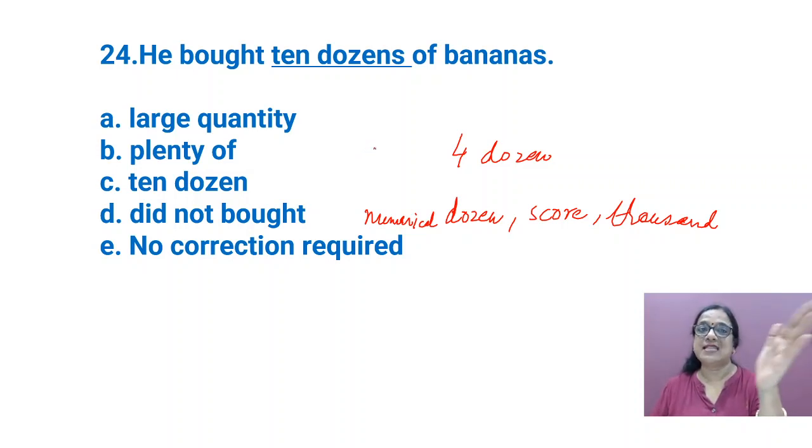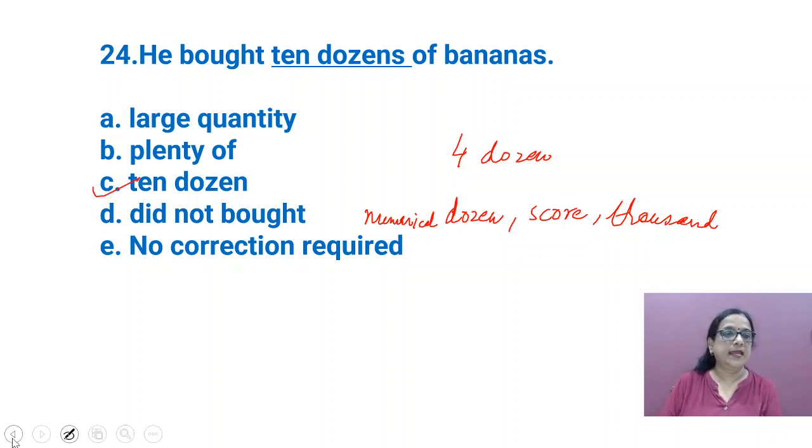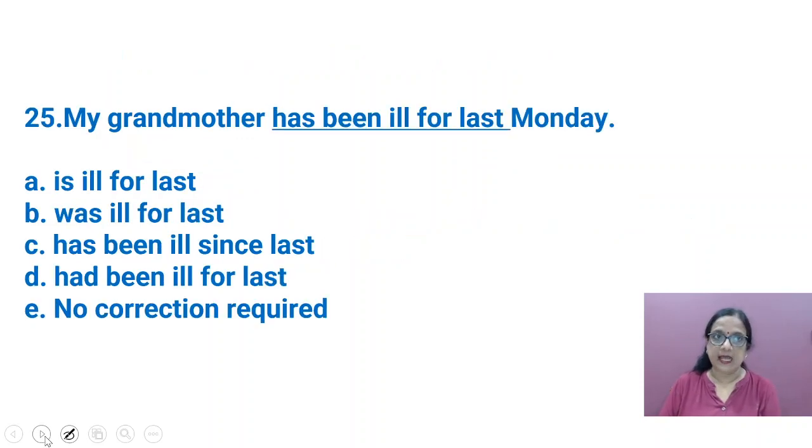He bought 10,000 rupees from the bank. 10,000 from the bank. So you don't put thousands. 10,000. 4 dozen. So here what will it be? It will be the C answer. Next one. Next and the last one.